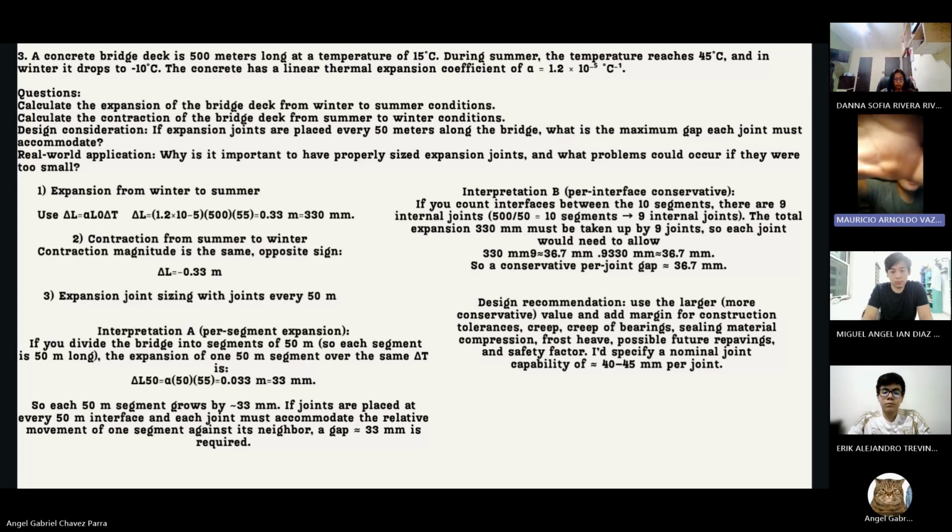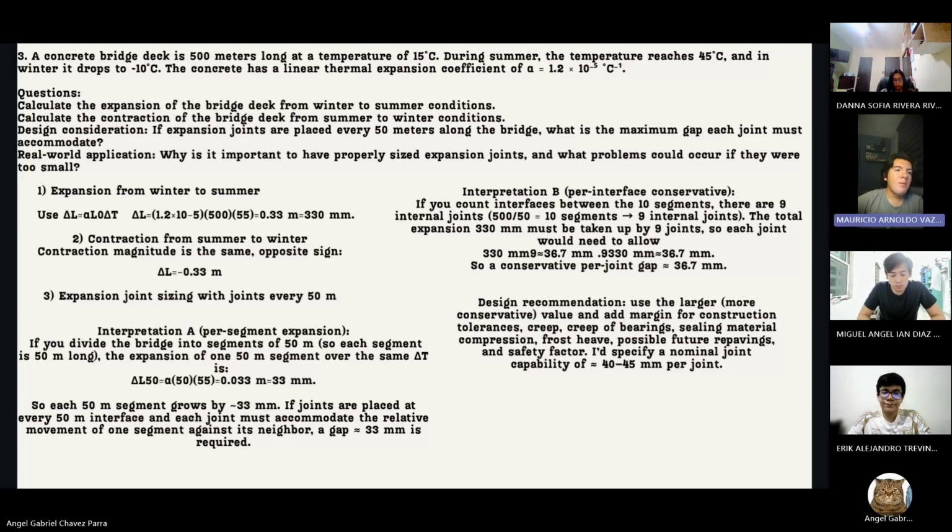Real world application. Why is it important to have properly sized expansion joints and what problems could occur if the deck were expanding from winter to summer?